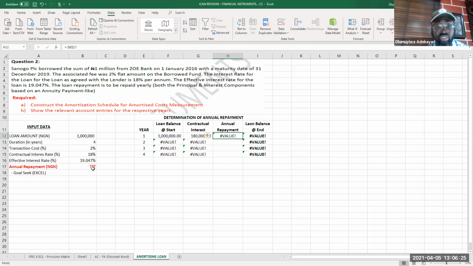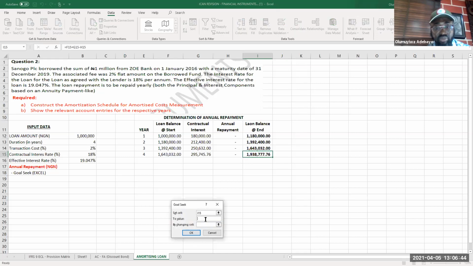But because it's not valued, let me remove this equation there. Therefore, this is it, and this is the amount I've dragged down because I've blocked it, which is a constant, a fixed amount. Now I come back here to seek the goal the way I wanted it. What I want to achieve is that at the end of the day, I have no balance left.